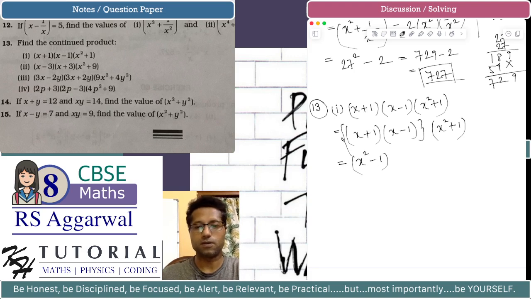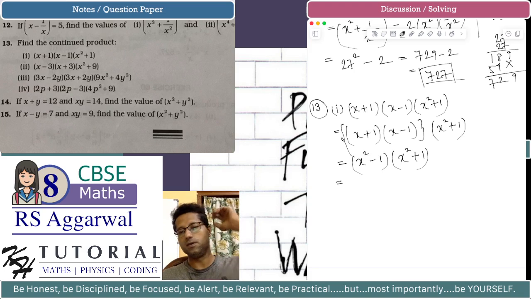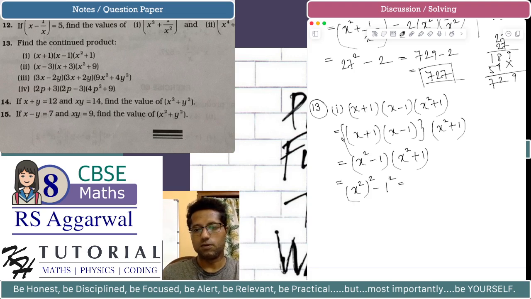So we have x square minus 1 multiplied by x square plus 1. Again we have the form a plus b into a minus b, where a is x square and b is 1. So this becomes a square minus b square, which is equal to x to the power 4 minus 1.